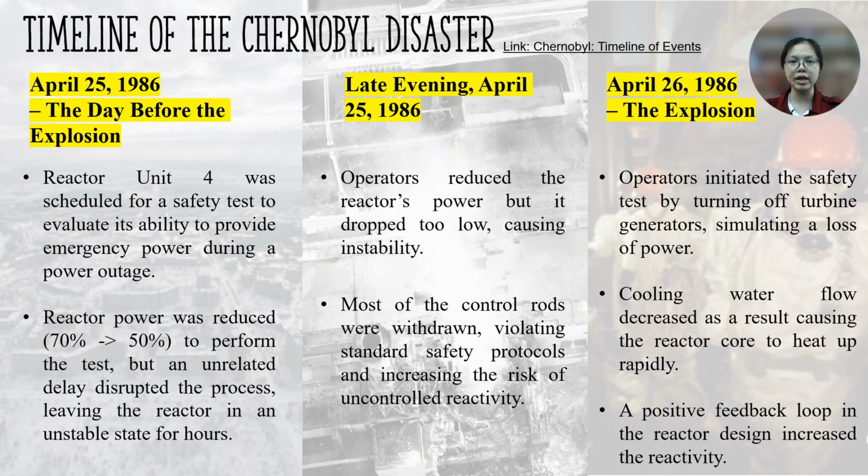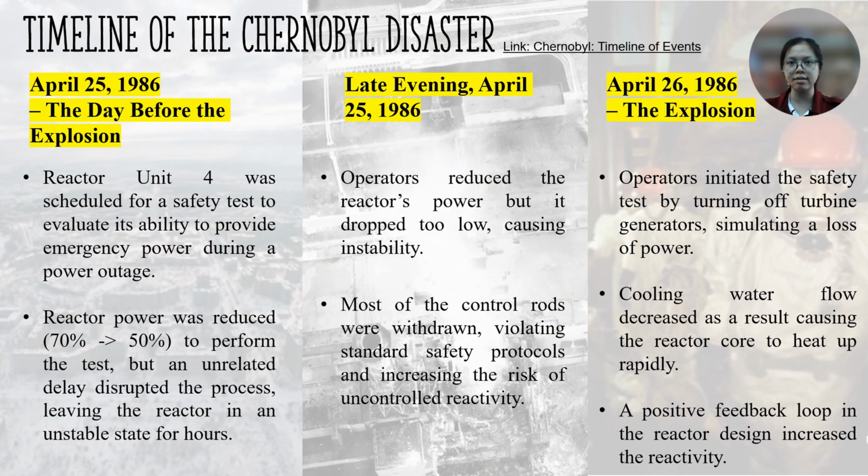In the late evening of April 25, the operator reduced the reactor's power, but it dropped too low, causing instability. In an attempt to stabilize it, the operator responded by removing most of the control rods in violation of standard safety protocol, increasing the risk of uncontrolled reactivity.